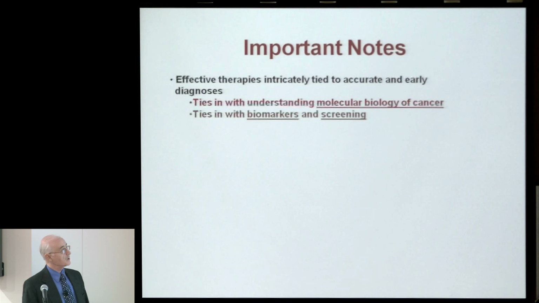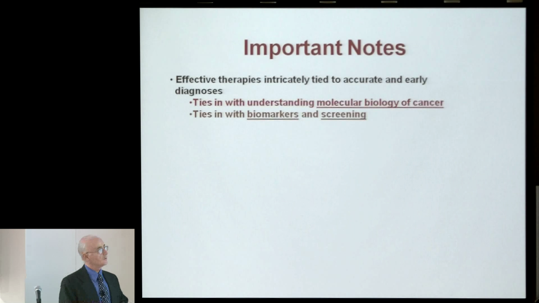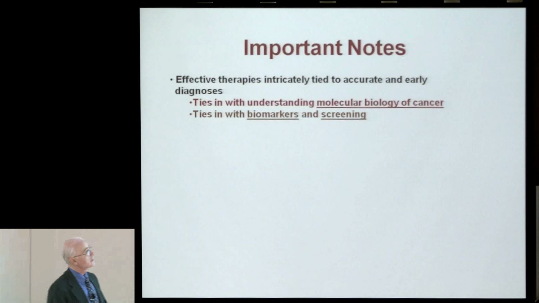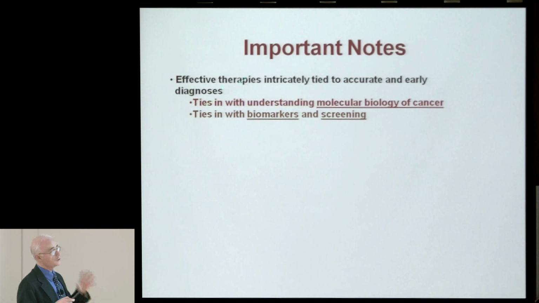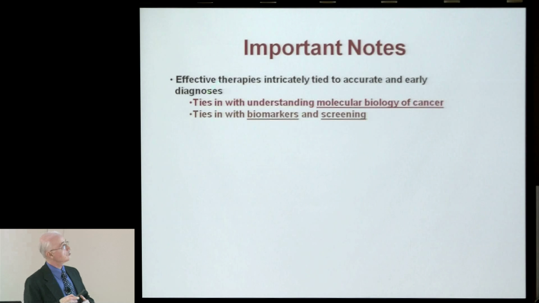We have to keep in mind, these are important notes, that when we want to treat a cancer, we have to be completely sure that we have made the right diagnosis of the cancer. And that right diagnosis needs people who are involved in cancer research to know the microbiology of the cancer cell.